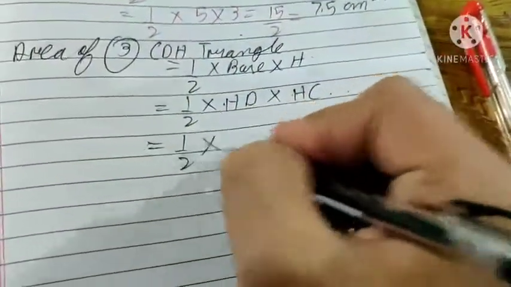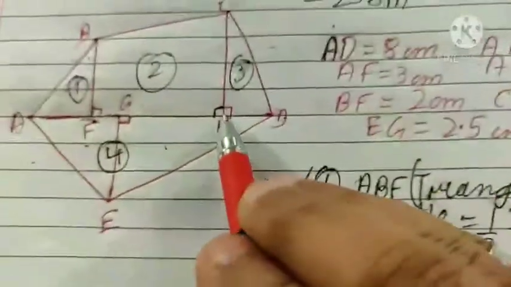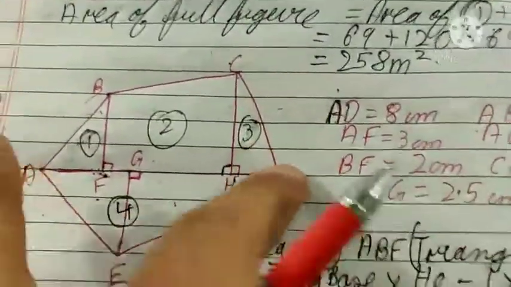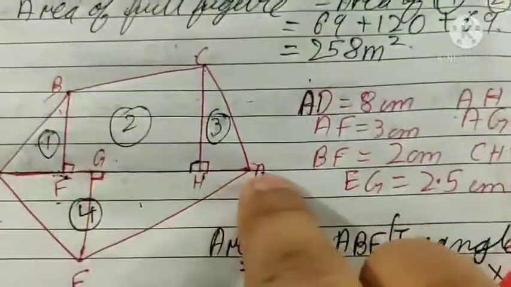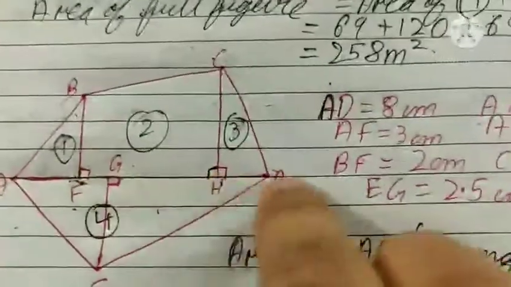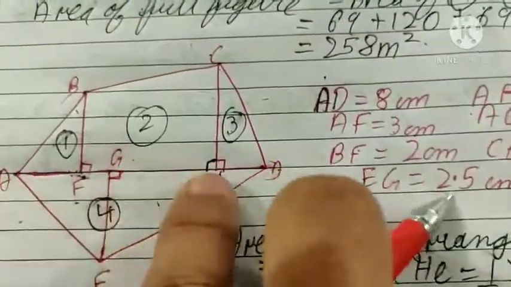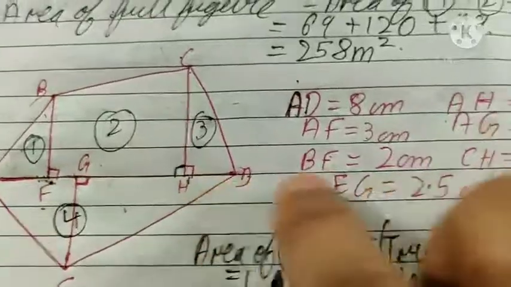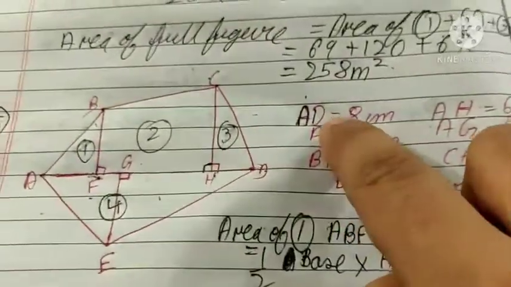So half into HD. If we see for HD, this HD is not given here. This AD complete line is given and this AH is given. If we from this complete line, if we subtract AH, we will get HD. So complete line AD is 8 and AH is 6. AD minus AH.